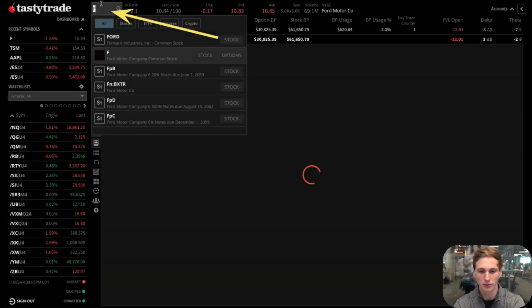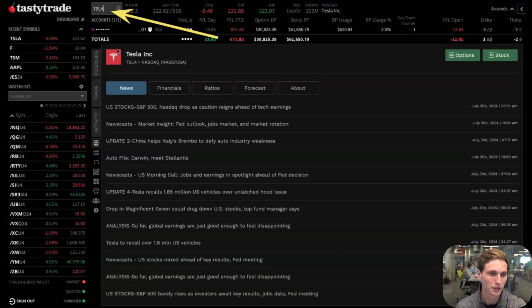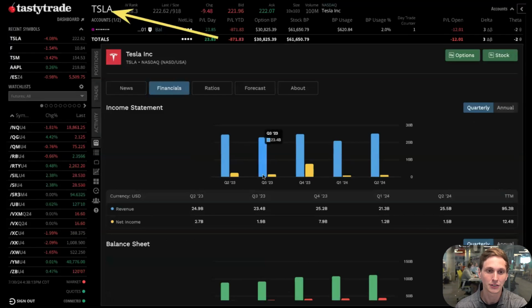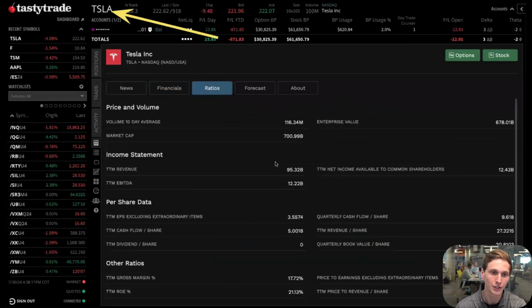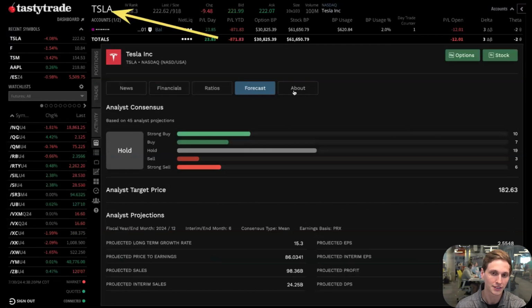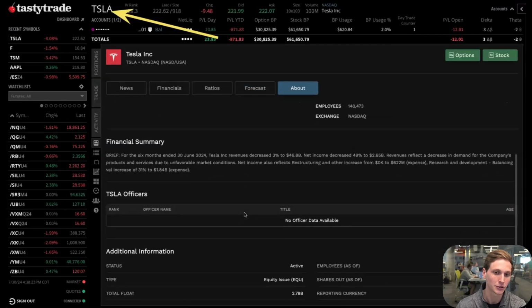Computer's running super slow. Let's do Tesla. There we go. So maybe there actually isn't financials for Ford right now, but for pretty much every company, you'll be able to find news, financials like the income statement and balance sheet. You can check out the ratios, analyst forecasts, as well as an about section too.